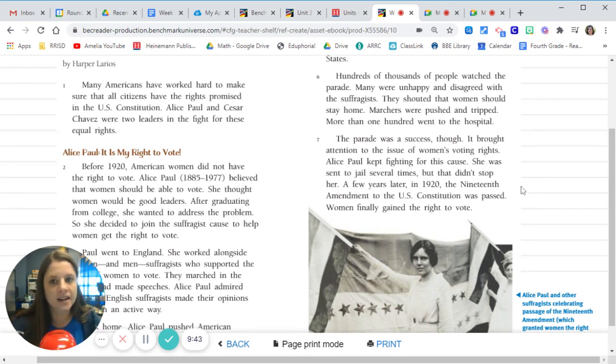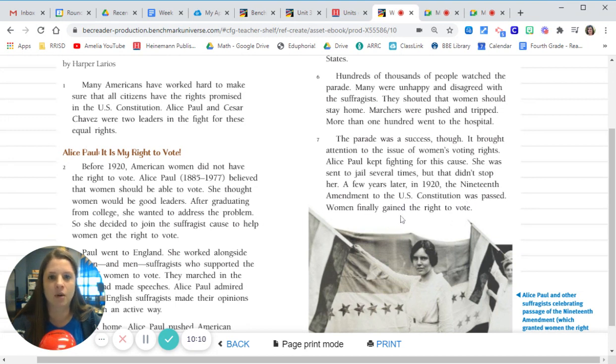So readers, anytime we're reading informational text and we're learning about something new, it is also important to read multiple texts on the topic to see if the information is correct. So something that I know from reading other books on this topic was that this isn't completely true. It says a few years later in 1920, the 19th Amendment to the U.S. Constitution was passed.